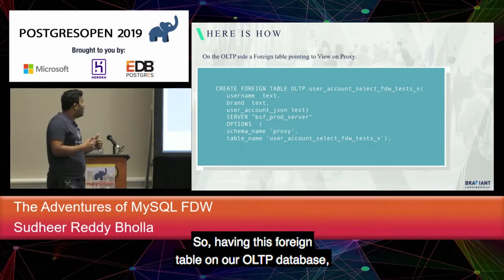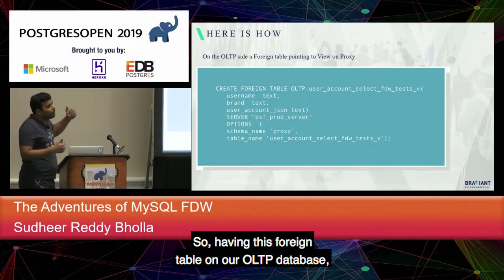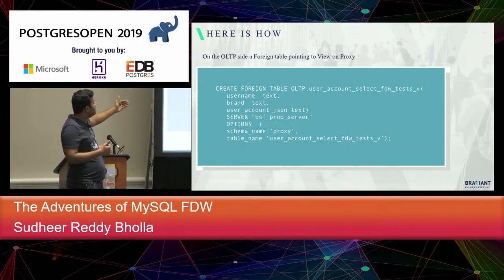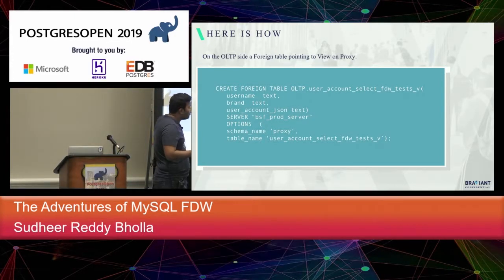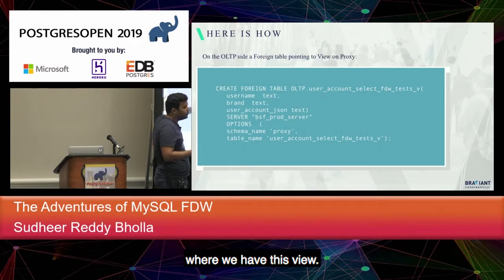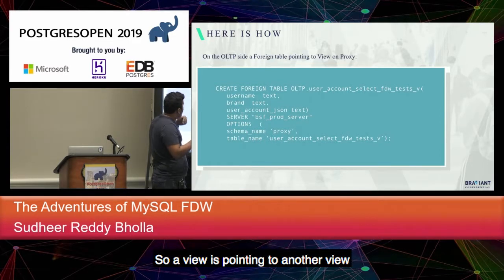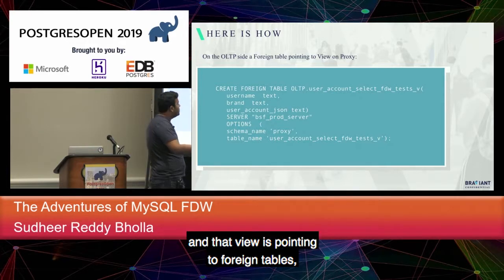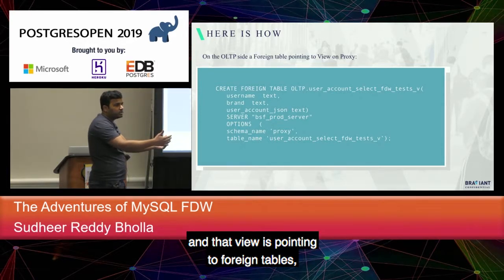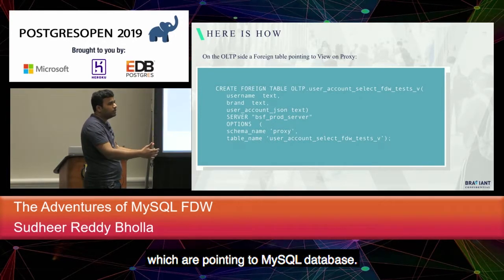So having this foreign table on our OLTP database, it's pointing to the proxy server where we have this view. So a view is pointing to another view in the proxy server, and that view is pointing to foreign tables which are pointing to the MySQL database.